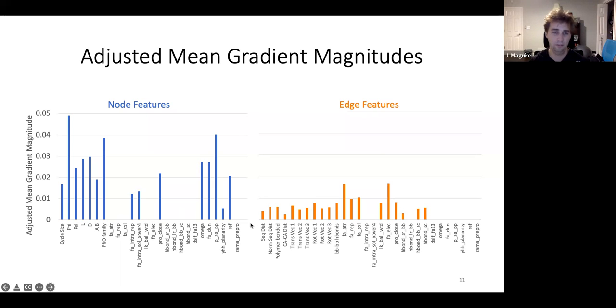From a purity perspective, I just added everything to every node and every edge because I didn't really know if there were edge cases in Rosetta. So worst case scenario, it's just useless and a waste of space. That's why there are zeros. There are more edges in a graph than nodes, which is why I believe the edge features are somewhat smaller. So this is a per node scale and a per edge scale.